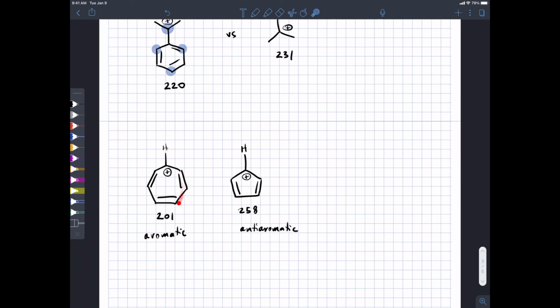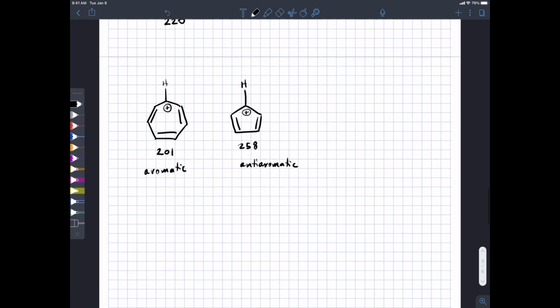But yeah, this has enough electrons. In aromaticity, you've got one lower energy orbital and then degenerate pairs of higher energy orbitals all the way up. If you have the right number of electrons, you just fill the bonding orbitals completely and none of the antibonding orbitals. If you only have 4 electrons in an aromatic system, then if you stay that way, you're going to end up with 2 partially filled orbitals.